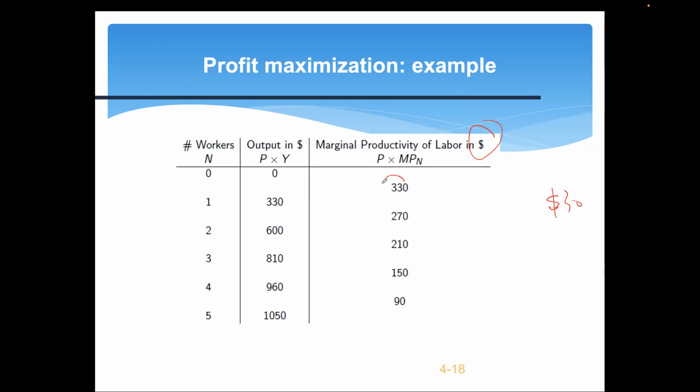Now the first worker is going to bring a marginal productivity in dollar terms of 330, because this is the difference between these two. But where does this number come from? It comes from 11 times $30. Similarly, the second one brings you this amount, the third one brings you this amount, and so on and so forth.